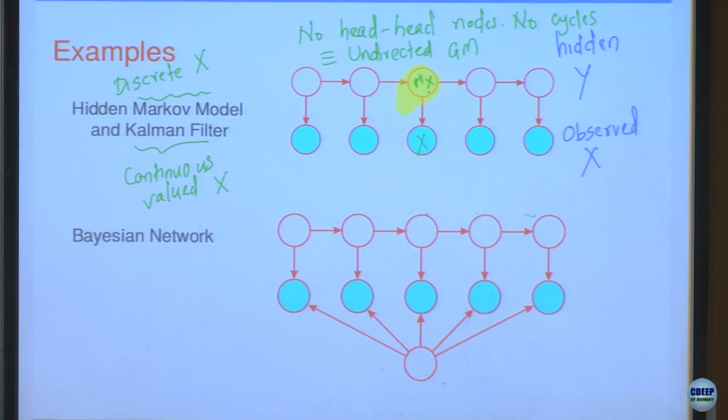Now Bayesian networks, they are directed, but they don't have any directed cycles. The directed graphical models with no directed cycles.